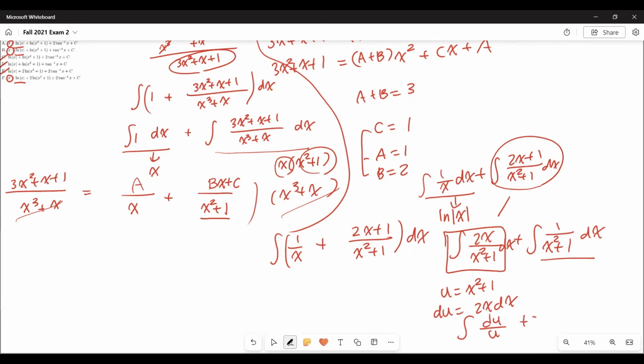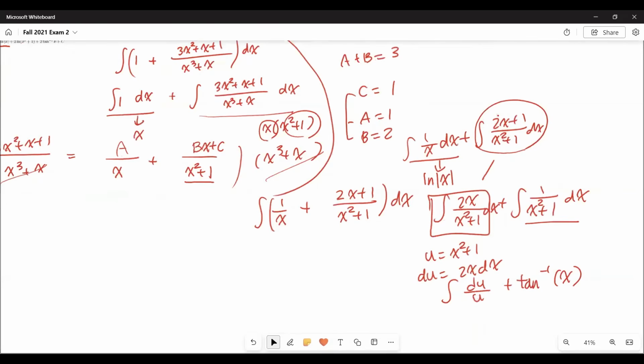So this becomes inverse tangent of x. And du over u is the same as ln u, plus inverse tangent x plus c. But since u is x squared plus 1, you plug it back in: ln(x squared plus 1) plus inverse tangent x plus c.